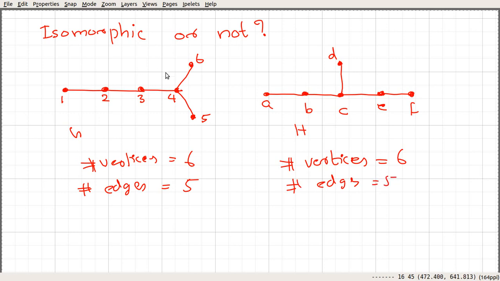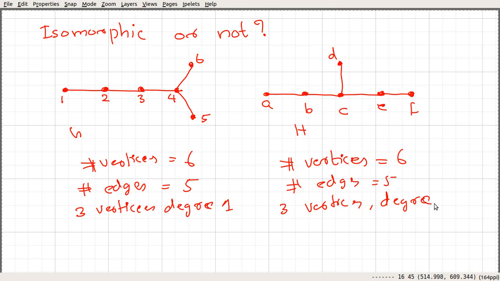Similarly in this graph you can see that we have three vertices of degree 1. That's 1, 6 and 5. And here we can see we have three vertices of degree 1 again: this vertex, this one and this one.